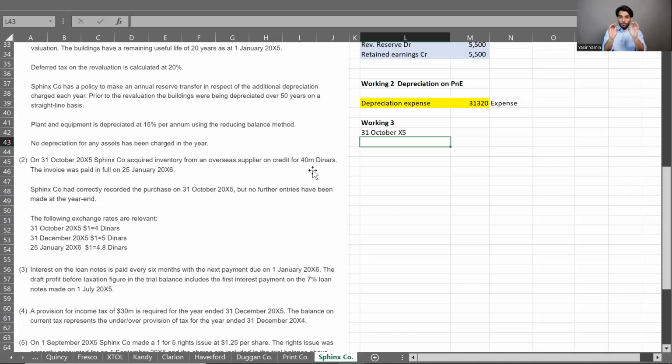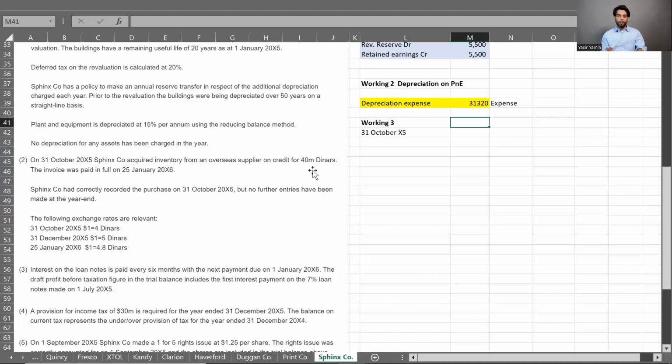Now, whenever you are faced with a foreign currency transaction, and you will study about this when you study IAS 21, I'm not very sure that you have done it till now or not. But still, in IAS 21, you need to convert your foreign currency transactions into your functional currency as soon as it is required. And the correct format to do that is that you make 3 columns.